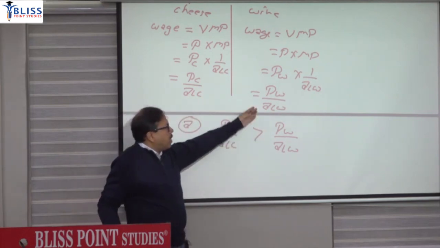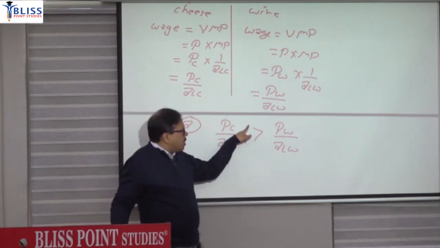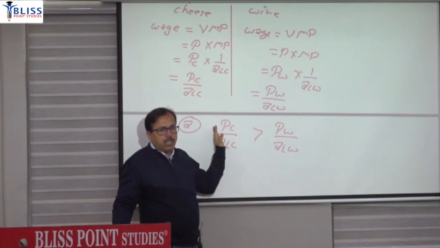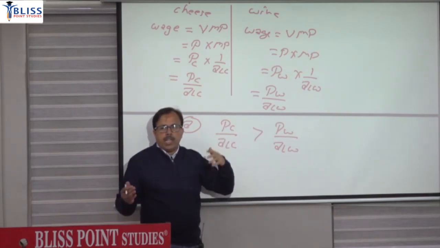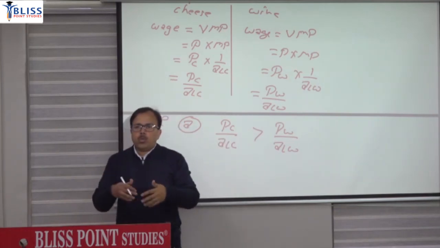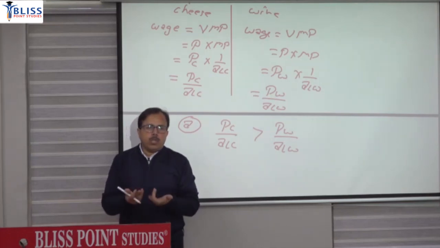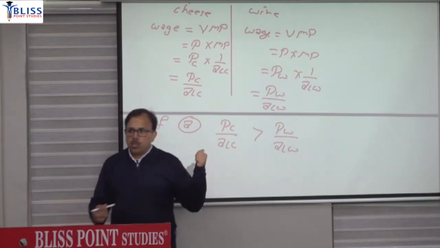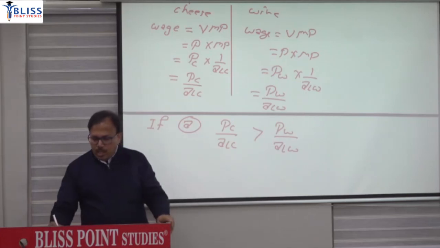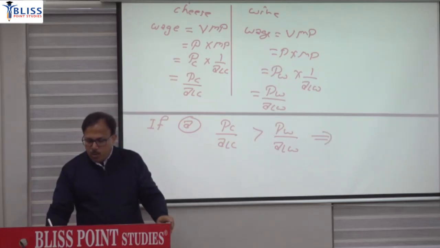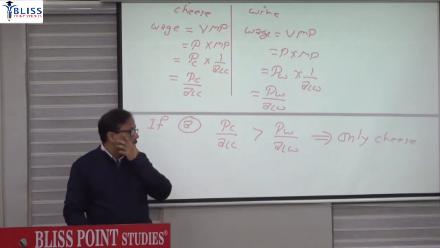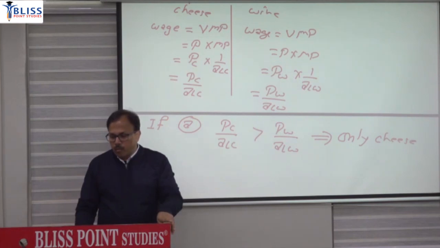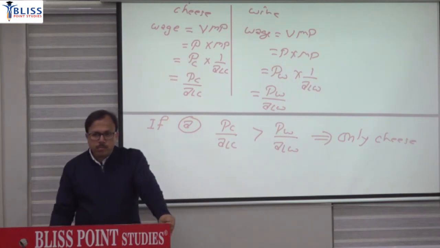And what is this number? Wage in wine. So if I consider that this is greater, it means wage in cheese is more, then all labor will go to the cheese industry. Country will produce only cheese. So if this is the condition, in that case the country will produce only cheese. Write that down. Only cheese.